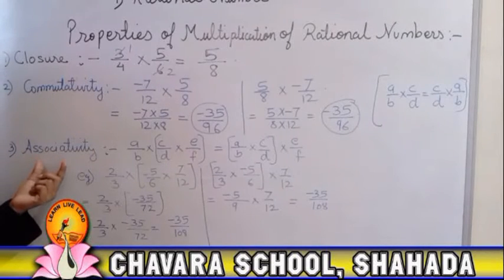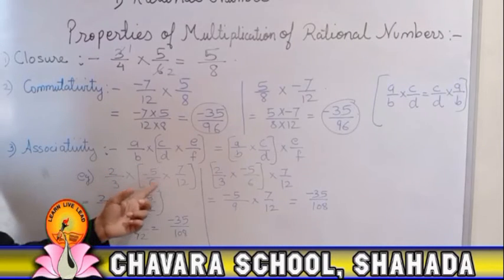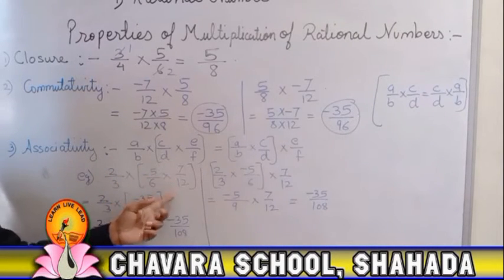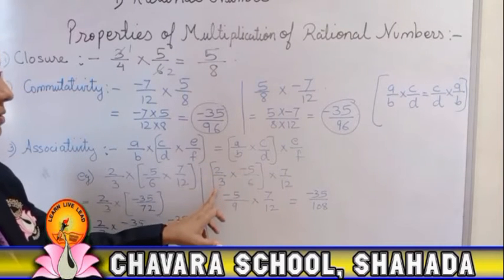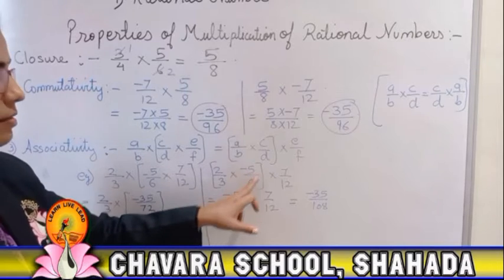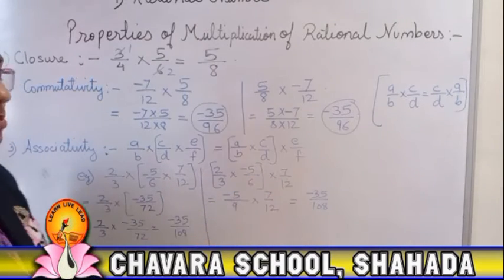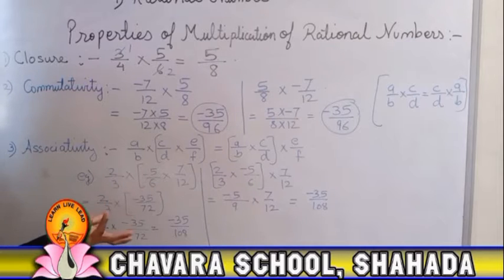In this property we take the example 2 upon 3 multiplied by negative 5 upon 6 multiplied by 7 upon 12. Now if we put the bracket on the first and second, 2 upon 3 multiplied by negative 5 upon 6, and 7 upon 12 as it is. First we will solve the bracket. In the bracket, can any term be cancelled? Not possible.